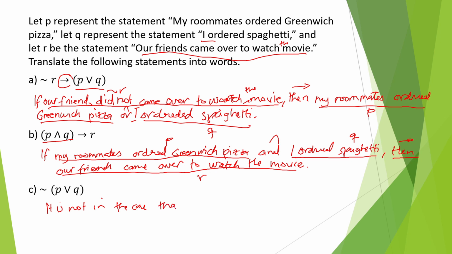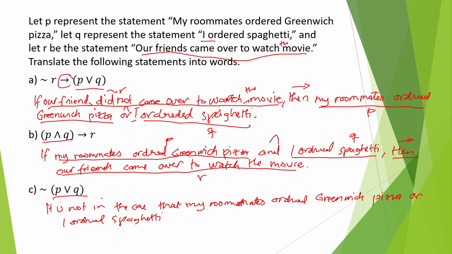that what is our P? My roommates ordered Greenwich pizza, or what is our Q? I ordered spaghetti.